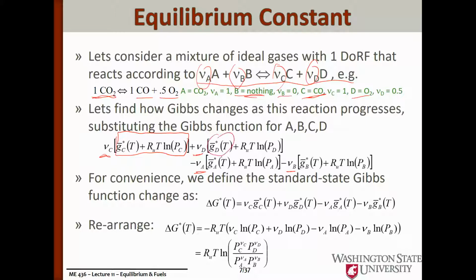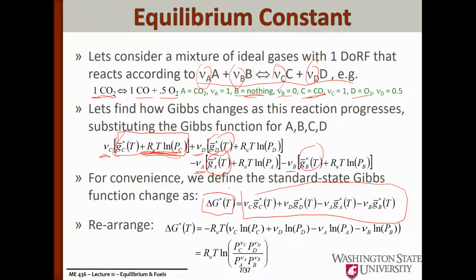So these starred terms at a given temperature are constant. So if I pull those all out here, I can get those lumped into a single term, which I'll call delta capital G star. And if I pull all of those to one side of the reaction, what I'm left with on the other side is this part that's RT, natural log of pressure.